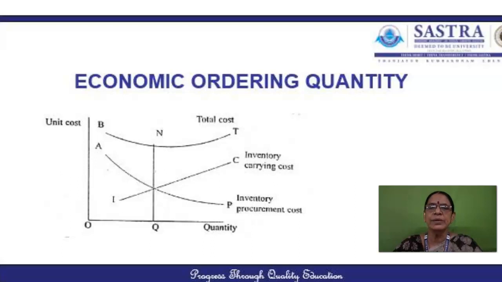This assumption requires the annual demand estimate to be known with certainty. We all know that annual demand estimates can seldom be known with certainty because the annual demand of the materials will definitely depend upon the production budget, and the production budget will depend upon the sales budget. Sales budget is said to be the constraint of any organization because the sales will be predicted only from the market.